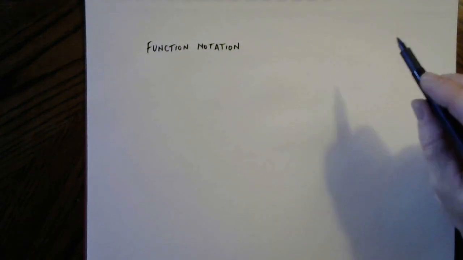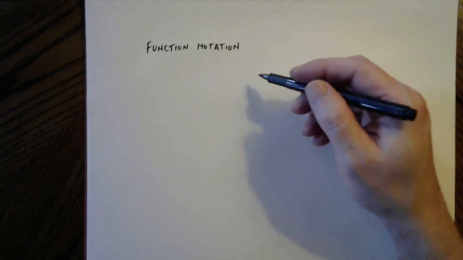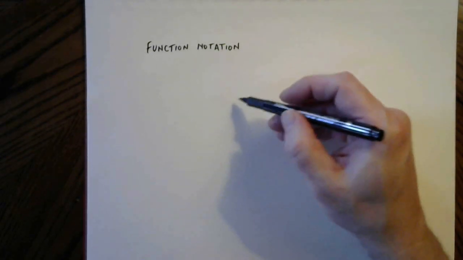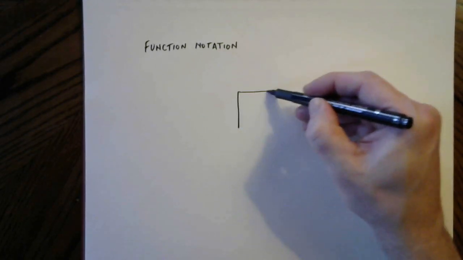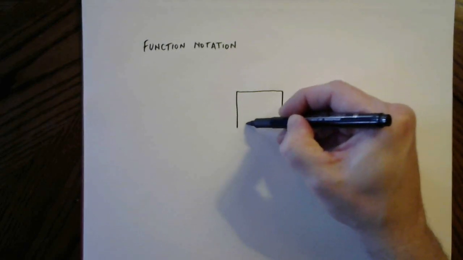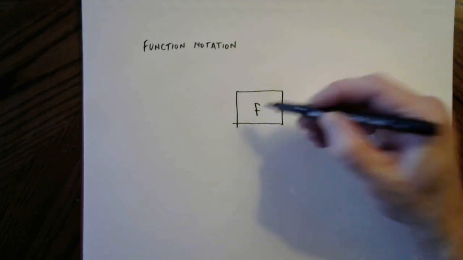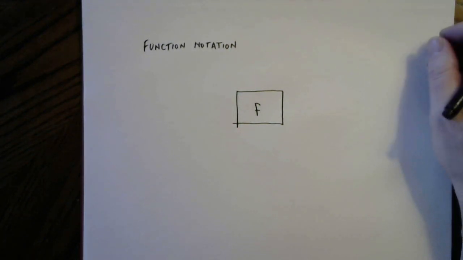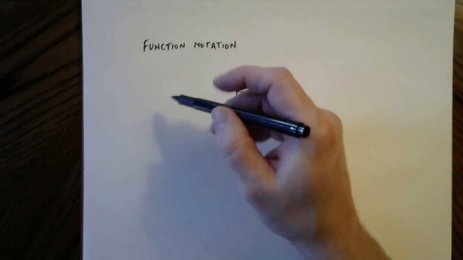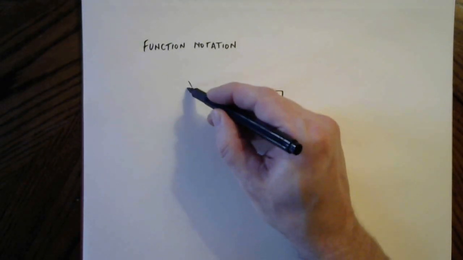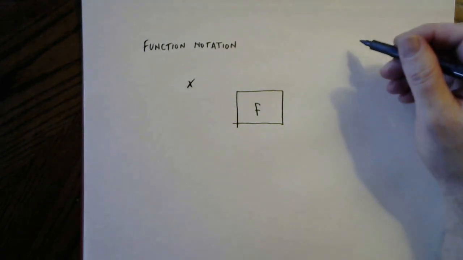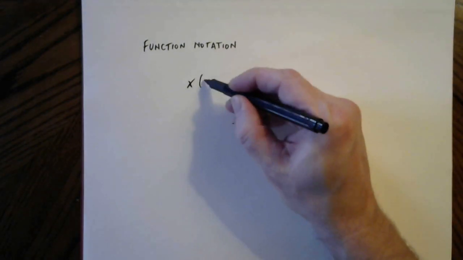So this is a very standard kind of a diagram. What I'm going to do is represent the function here as a box, like a machine almost. And I'm going to take an input. So this input I'm just going to call x. I could call it whatever I want. And this, of course, is from the domain.